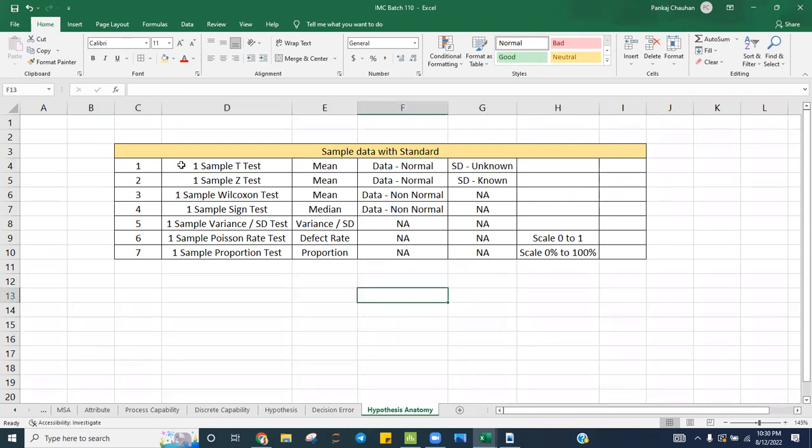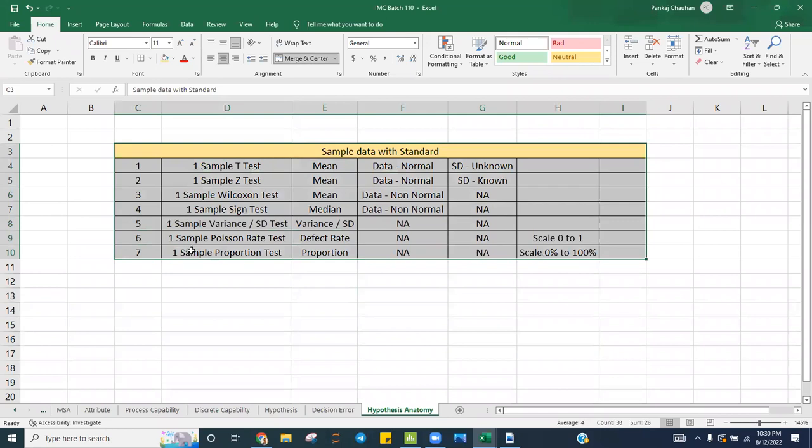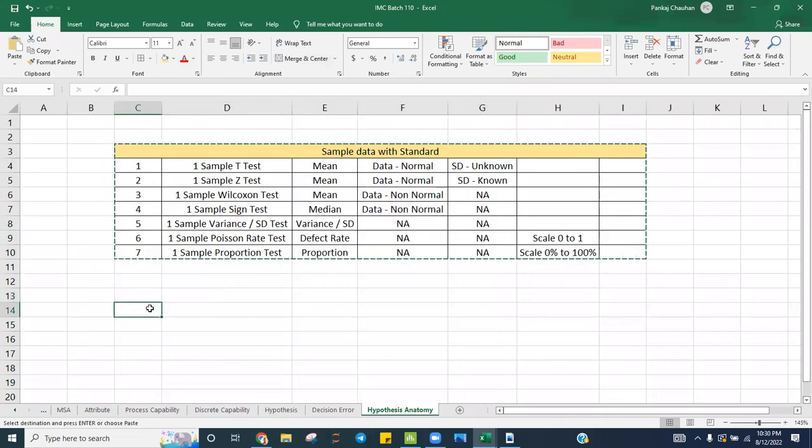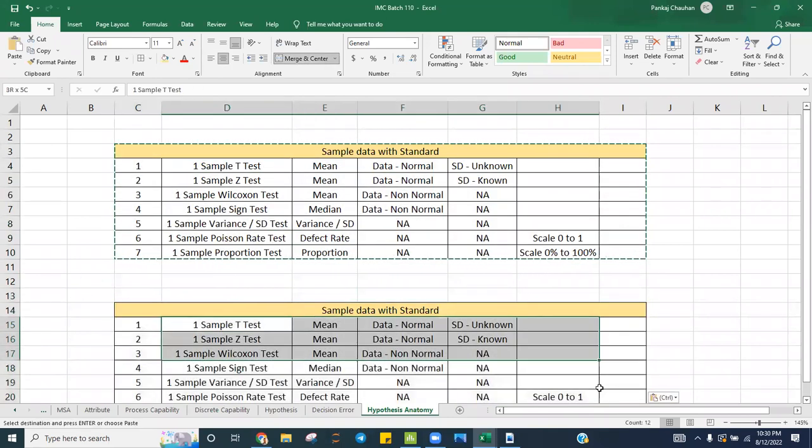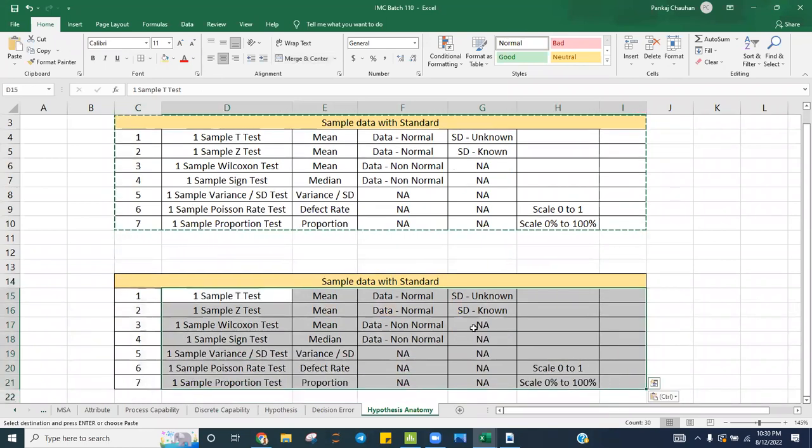Okay. Now the second category, which I am going to explain now, is when you compare two samples with each other.